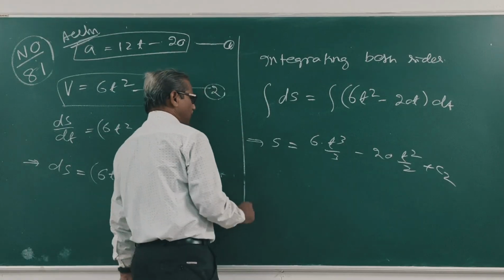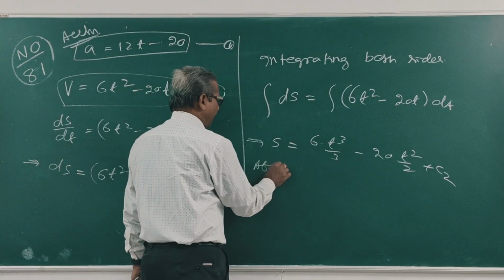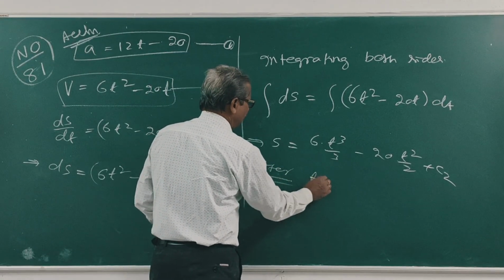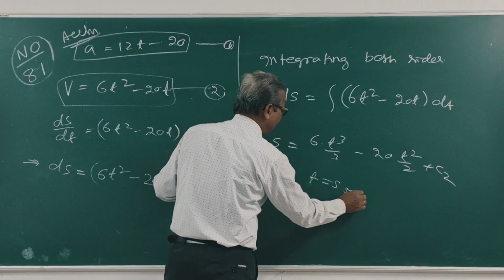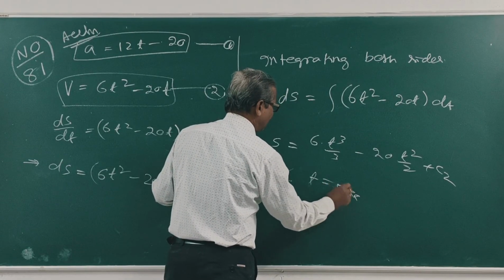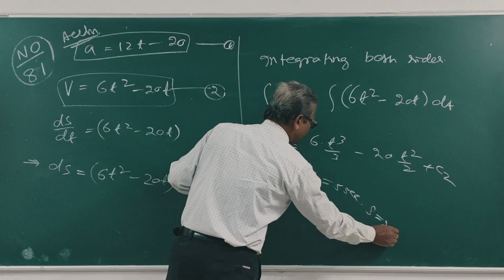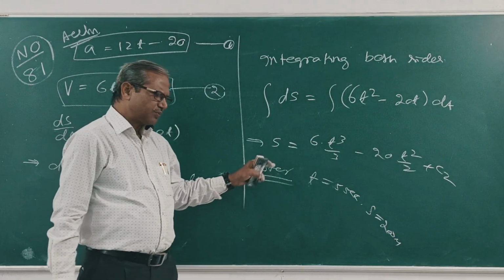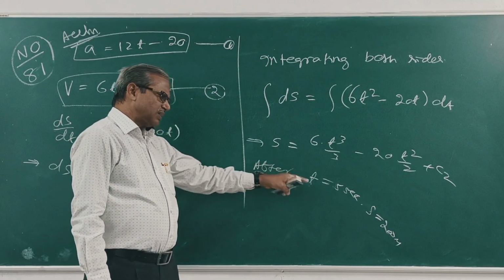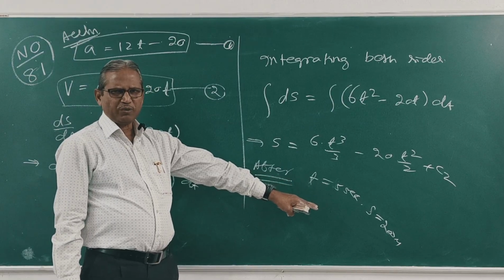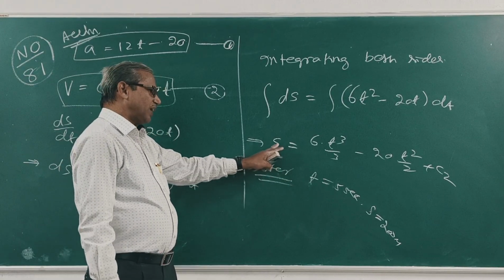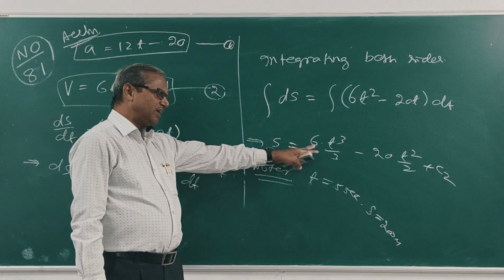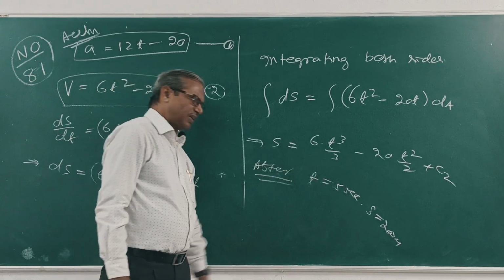The condition is after t is equal to 5 seconds, the distance moved is 200 meters. Clear? After 5 seconds, the body travels 200 meters. So put here s is 200, t is equal to 5 seconds.